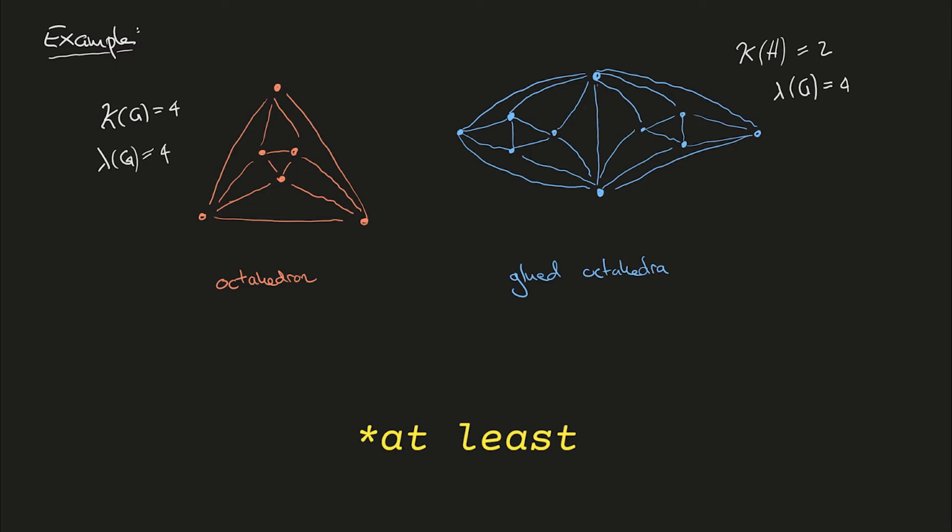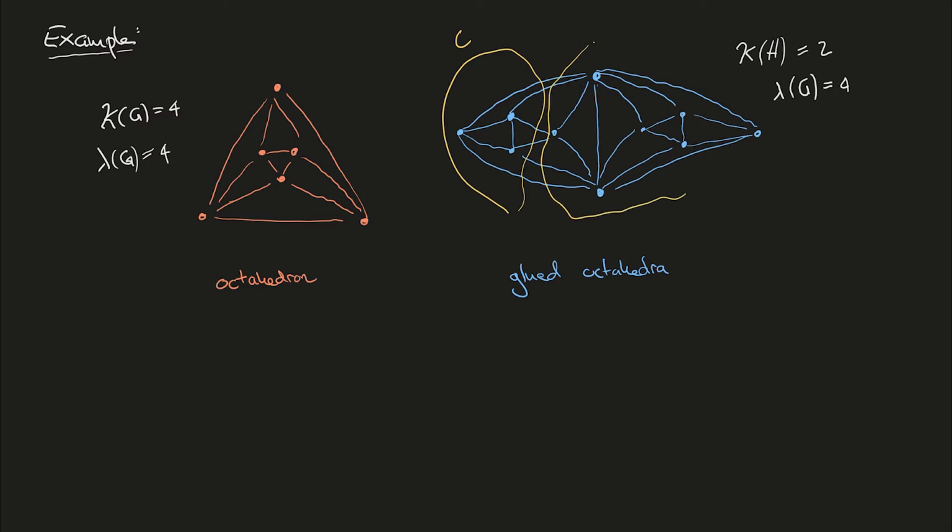Well, suppose we disconnect this graph in such a way that one of the connected components comprises only vertices from one of the octahedra, and the other connected component comprises the rest, which would be C prime.